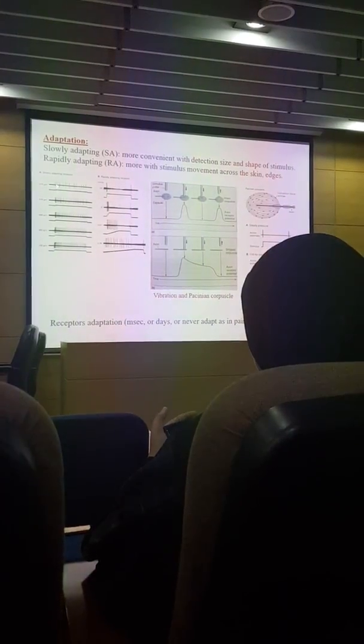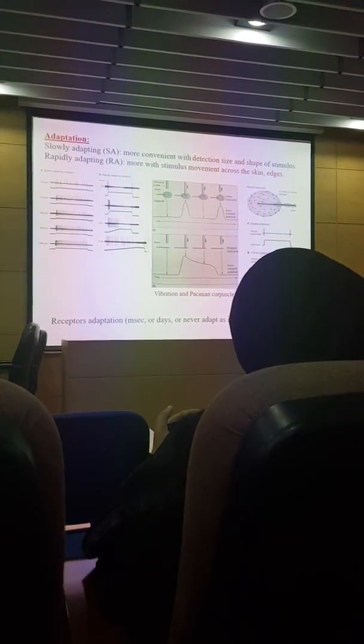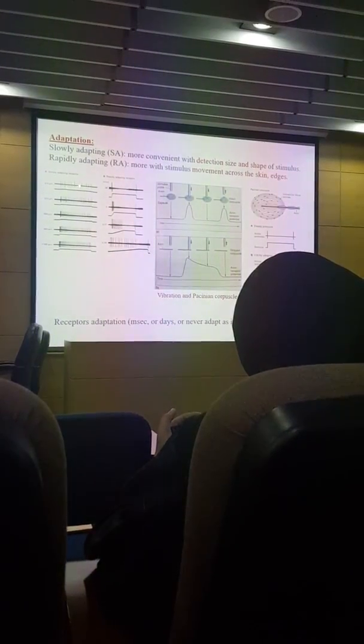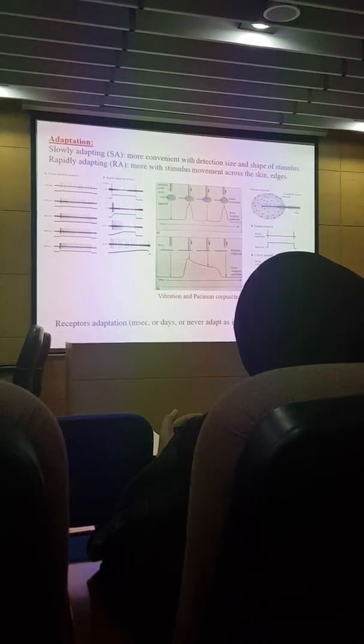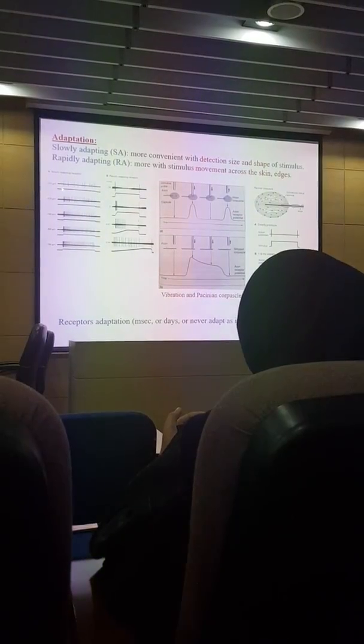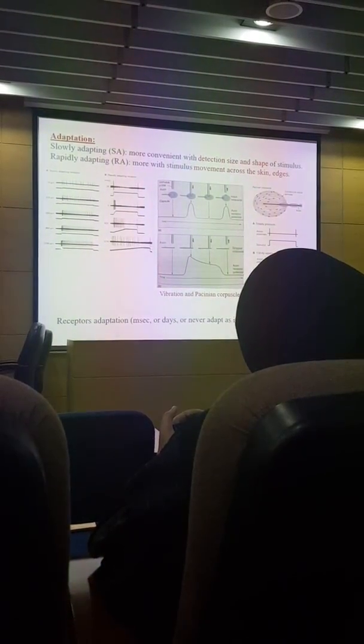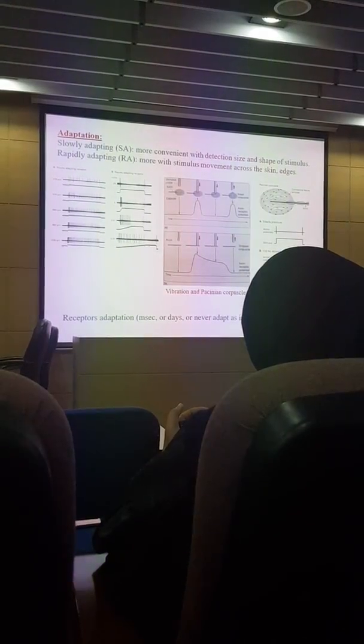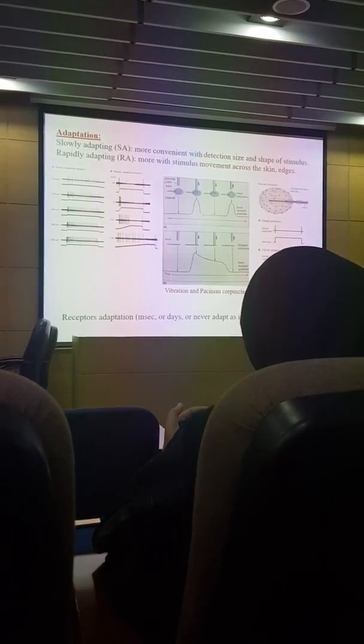You see, if the stimulus is small, meaning the intensity of the stimulus is very light, we see the number of action potentials is little. Here the stimulus compared to this stimulus is very small. This one is big, a hard pressure. Okay?